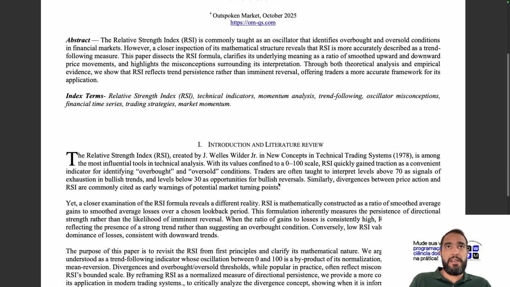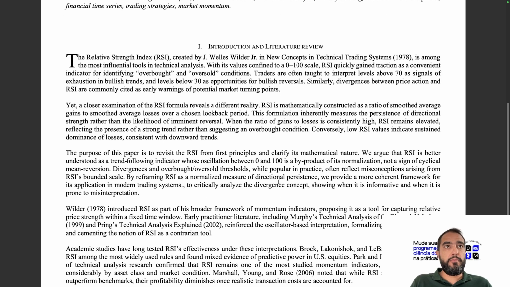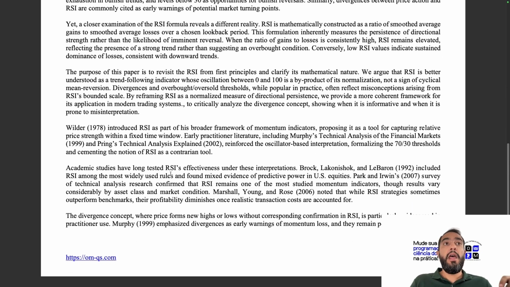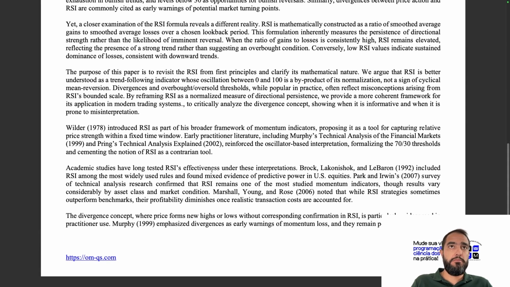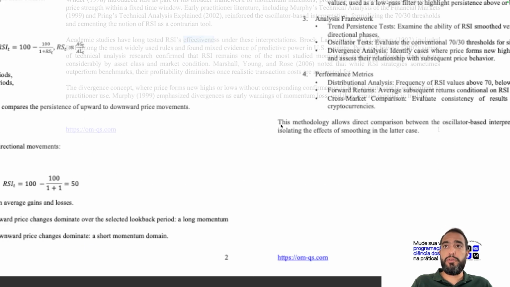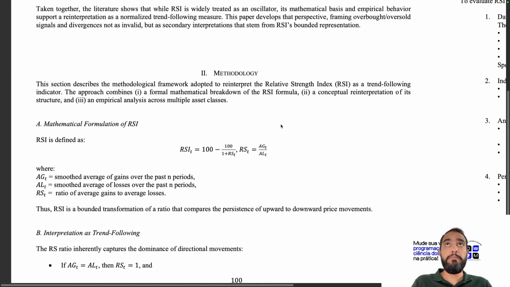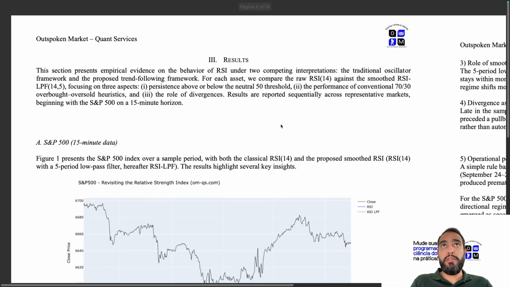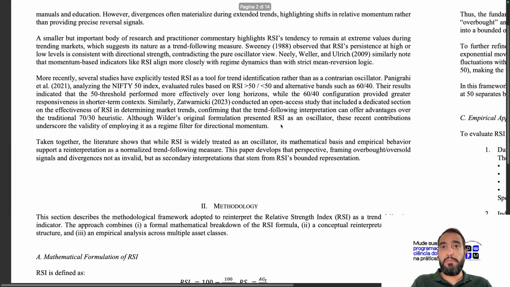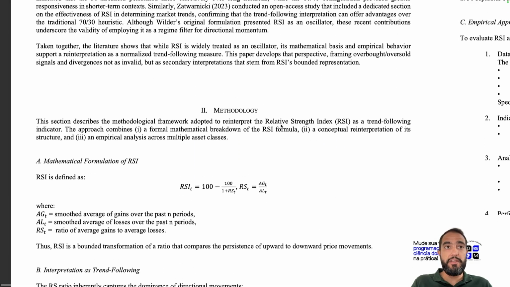So you're going to find some literature review pointing out there has been in the past a few papers also talking about the effectiveness of the RSI as a trend follower, and they are here for you to take a look at. And we explained through the methodology the main points that I was highlighting in terms of the formula, just everything that we saw.